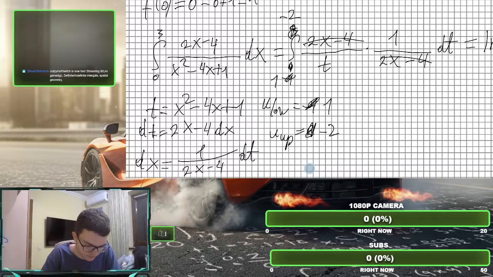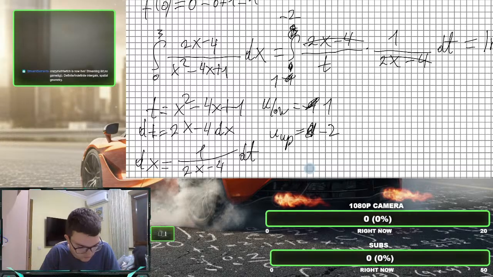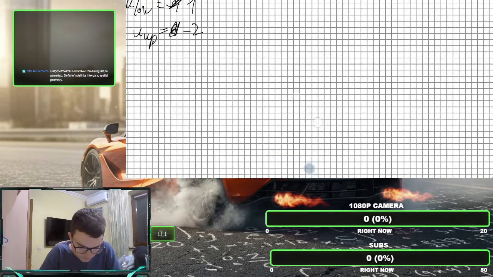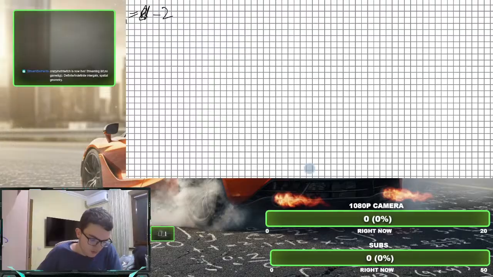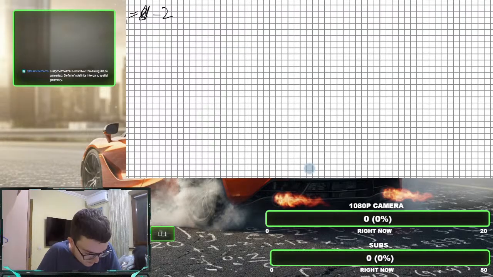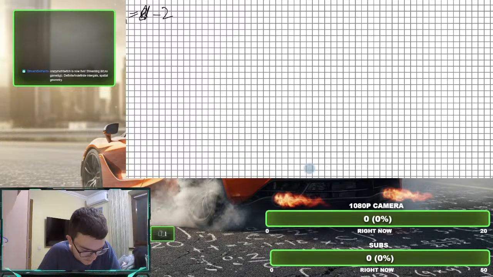So let's move on to exercise 5. So here's my next exercise. It's this one. There is a function, okay?